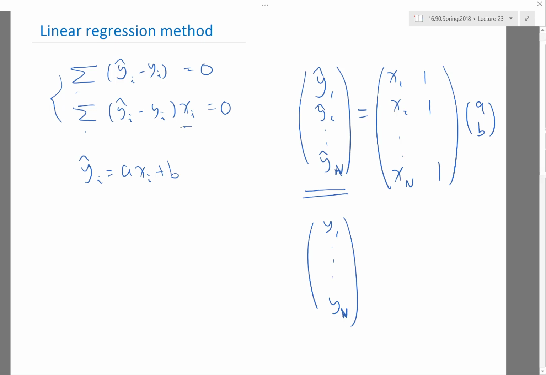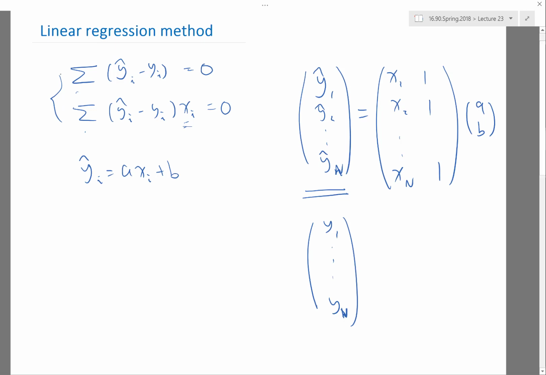In the first row, first column, you have just the sum of x_i, multiplying the a. Why is it not x1 squared? When you combine the two equations, in one row you'll have the x_i squared, and in the other row you'll only have x_i.